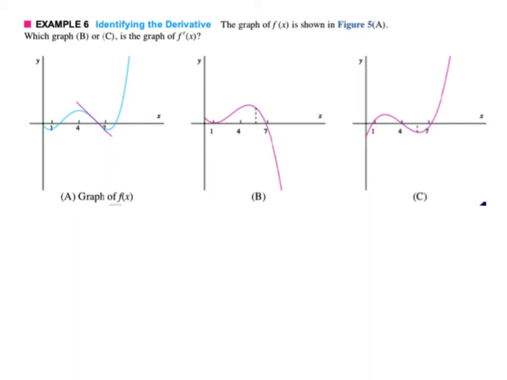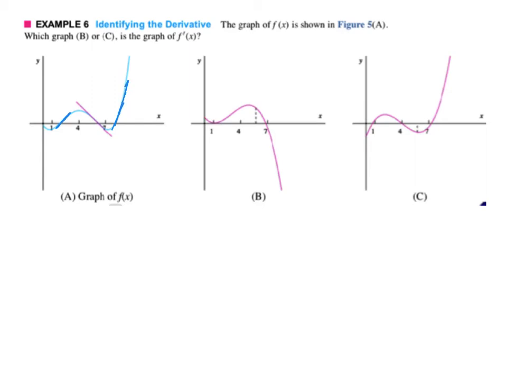All right, so here we're looking to match the graph of f with its derivative graph. So we look at things like, where is the graph increasing or decreasing? We are increasing in blue between 1 and 4 and from 7 onward.